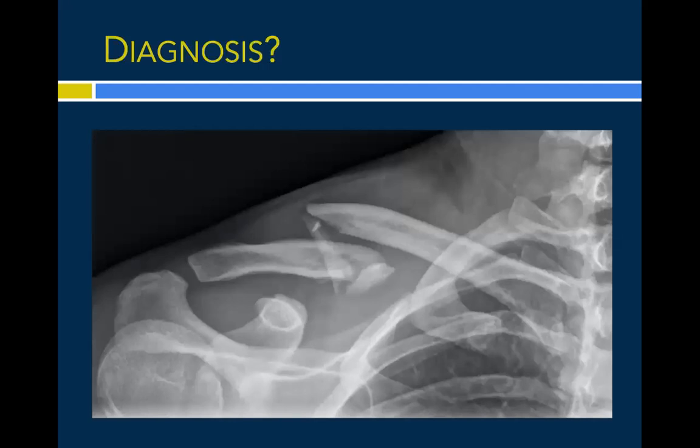Okay, so Brian, since you are our in-house fellow, what is your diagnosis for this fracture? So, it looks like a comminuted fracture. You've got that, you call it kind of a central butterfly-like component, but it's a middle third comminuted clavicular fracture with, I don't know, 2 centimeters of shortening.